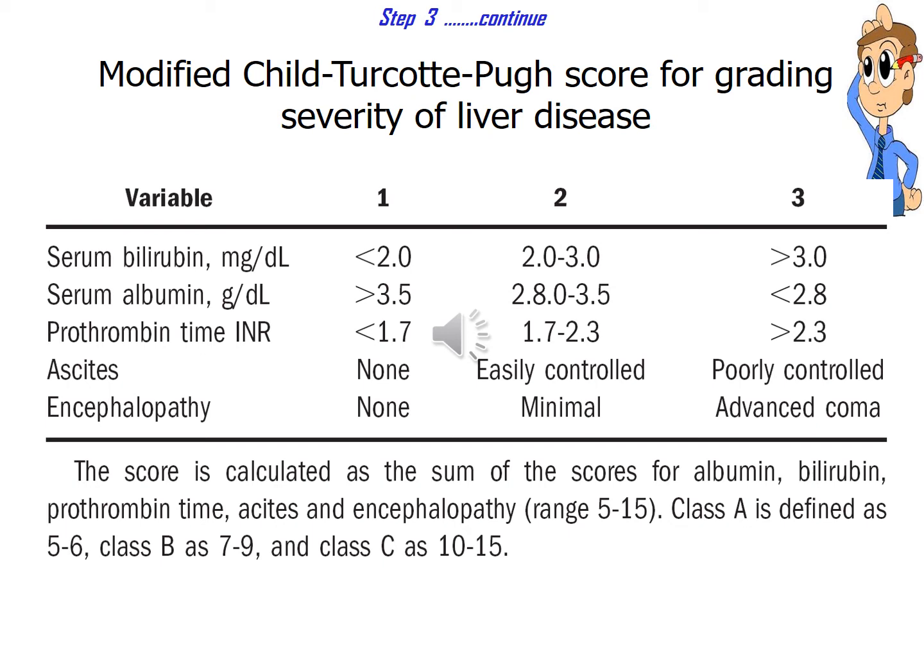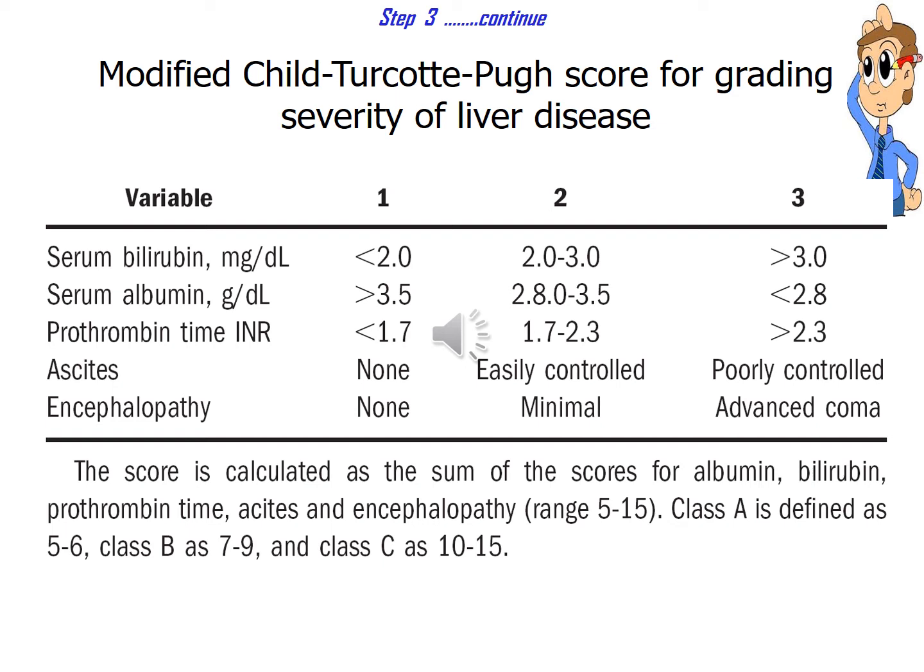Note that we are using in this grading system 3 laboratory parameters and 2 clinical parameters. The 2 clinical are ascites and encephalopathy. The 3 laboratory parameters are serum bilirubin, serum albumin, and prothrombin time or INR.